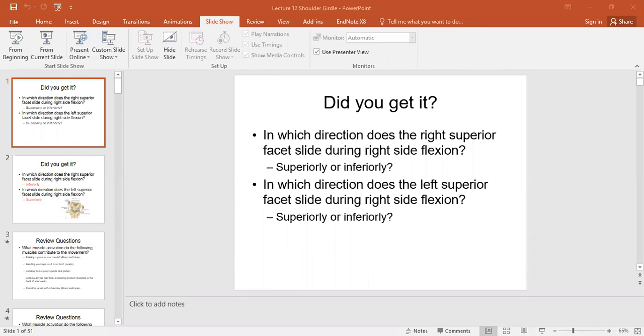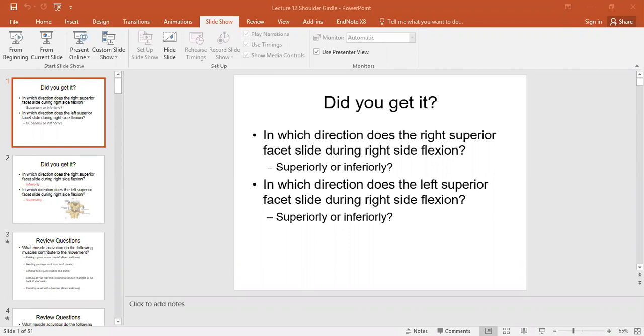The contralateral side looks like it's doing the same thing that you would be doing in flexion, sliding superiorly. So side flexion is kind of extension on one side, flexion on the other. That makes sense? Because it's the same arthrokinematic. It's just a different plane, just sliding.